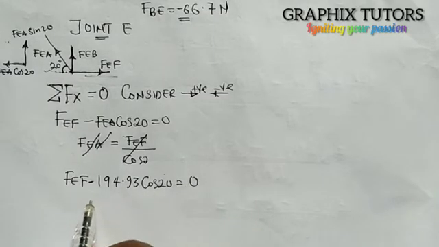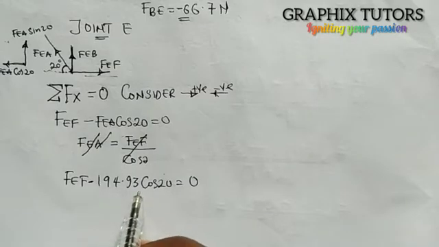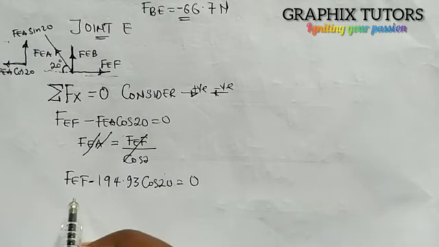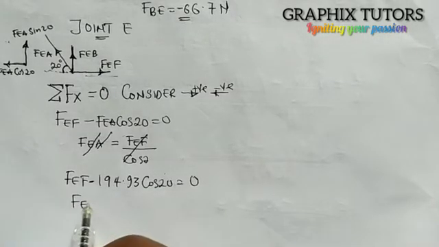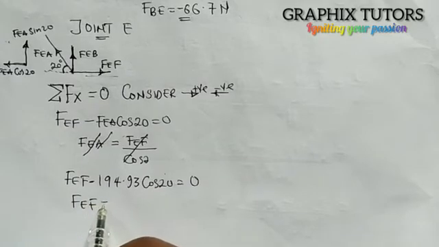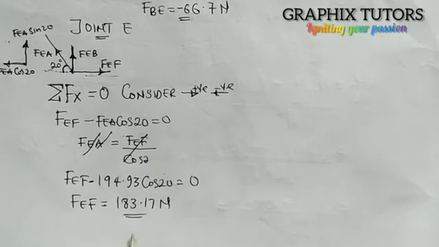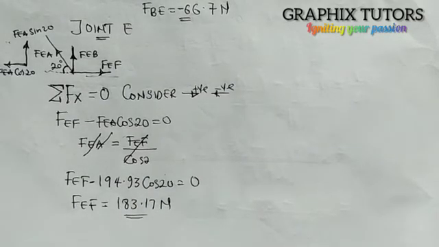So 194.93 cos 20 will be 183.17. So we have my FEF to be equals to 183.17 Newton. That is my FEF.